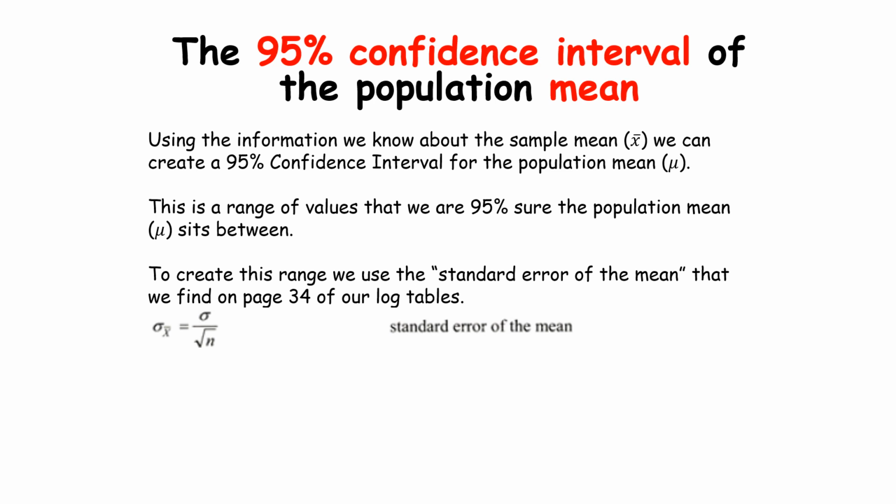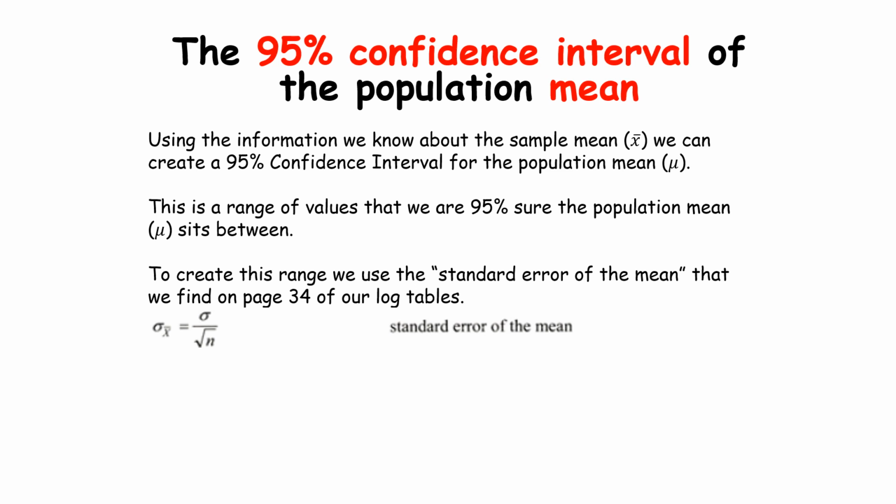Now, when we use the standard error of the mean, it effectively replicates standard deviation for the samples. So when we deal with standard deviations, we want to know, well, how many standard deviations are we talking about? When we talk about 95% confidence, we are talking about the z-score 1.96, and remember that the z-score means how many standard deviations.